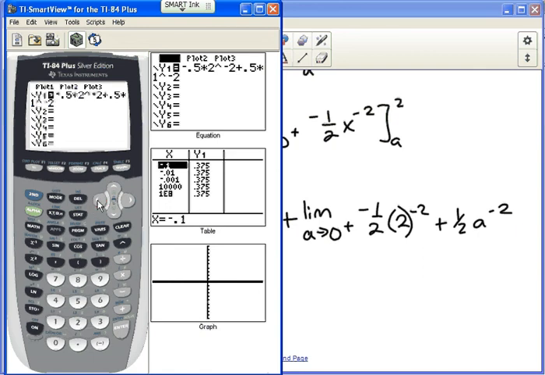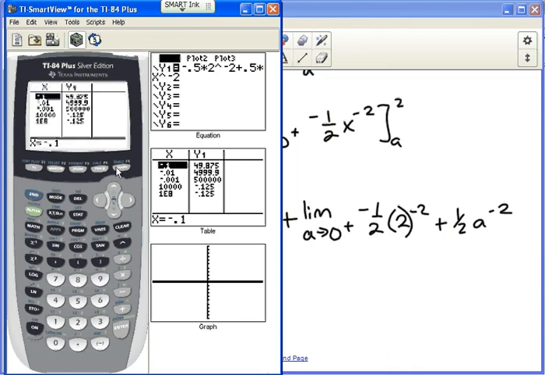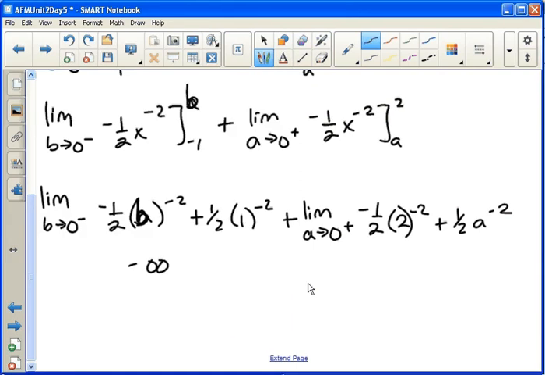And then we're going to approach 0 from the right, so it'll be positive 0.1, 0.01, 0.001, 0.0001, and so on. And that's going towards positive infinity. So it's clearly diverging in this case.